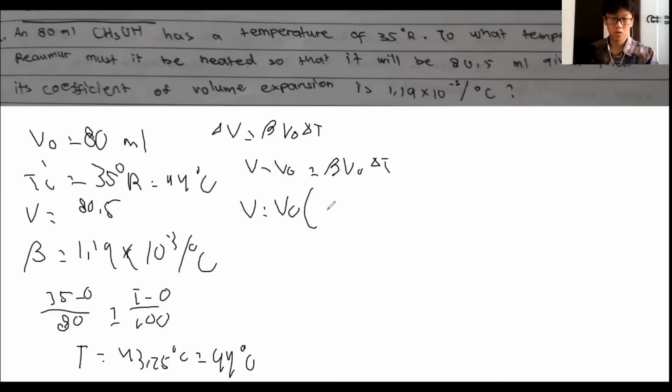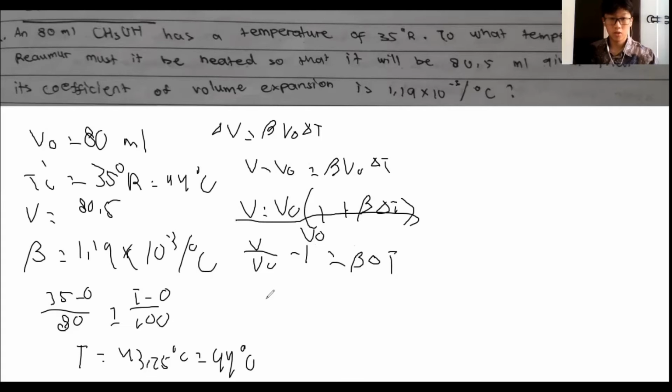So it will be 1 plus beta delta T. We divide both sides by initial volume, so V per VO. And then transfer 1 to the other side. It's equal to beta times delta T. We divide everything by beta, so the formula for delta T will be V over VO minus 1 over beta.